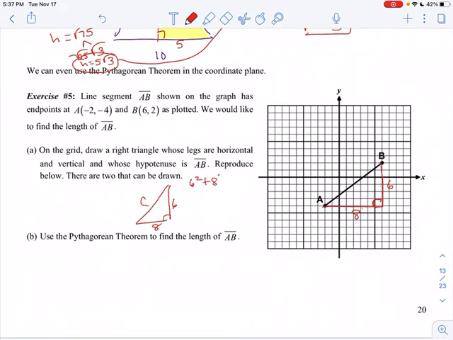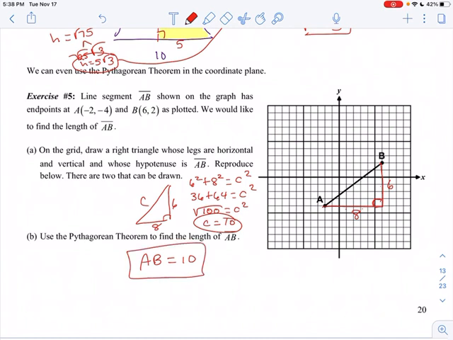So 6 squared plus 8 squared equals c squared, because c, or AB, is my hypotenuse. 36 plus 64 equals c squared. 36 plus 64 is 100. So c is the square root of 100. C is 10. Okay, so AB is 10. So I used the Pythagorean Theorem to find the length of AB.